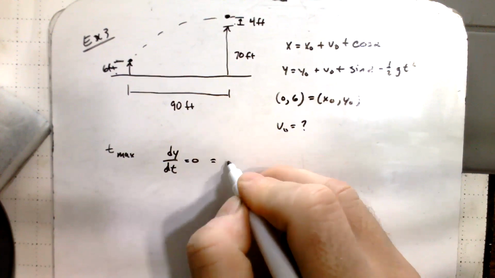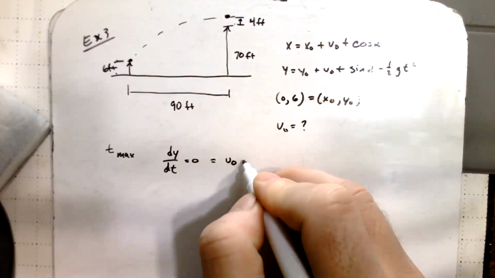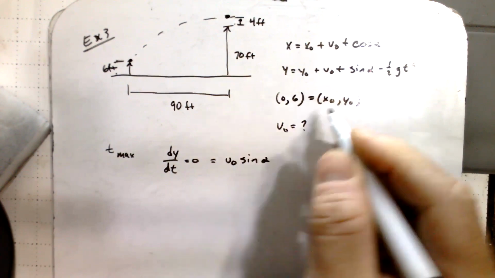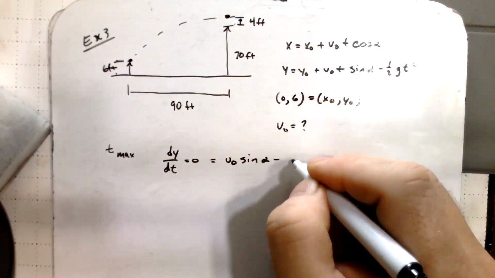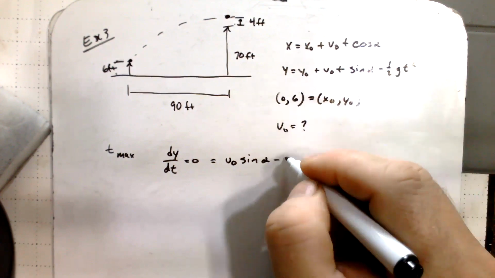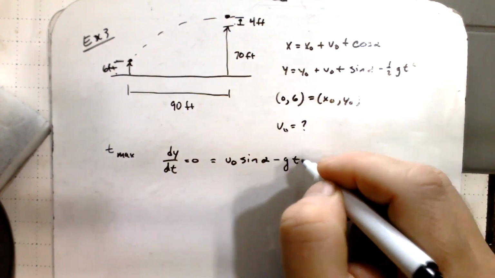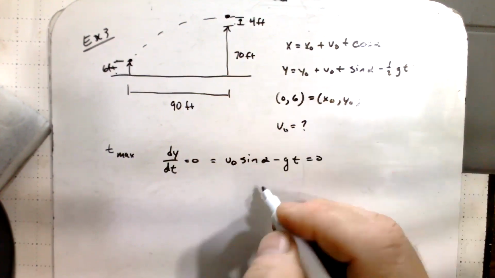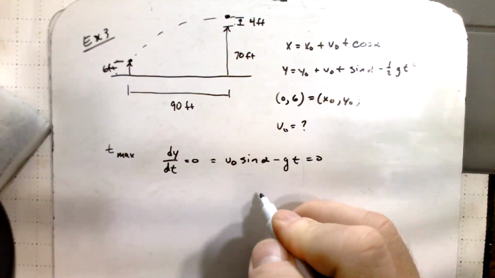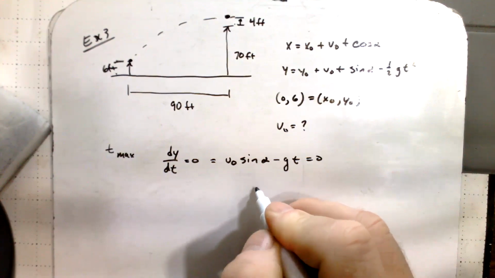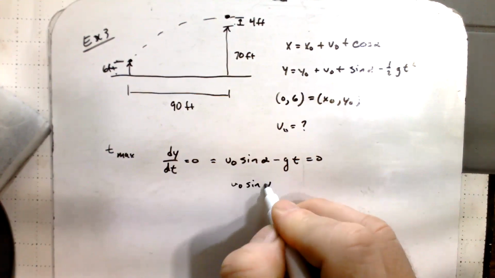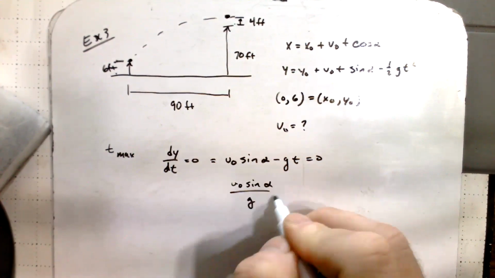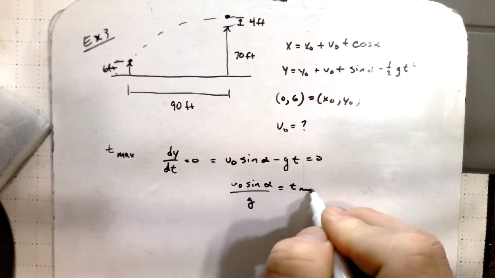So what is this? This is V naught sine alpha, that's the derivative there, minus g t equals 0. So V naught sine alpha over g is equal to t max.